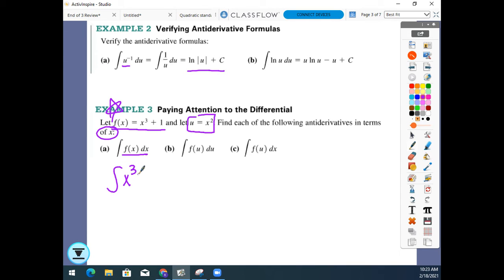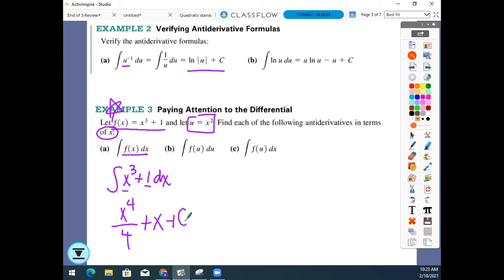So I'm going to replace f of x with what it equals and take the antiderivative of f of x. So just add 1 and divide. Antiderivative of a constant is just x plus c.